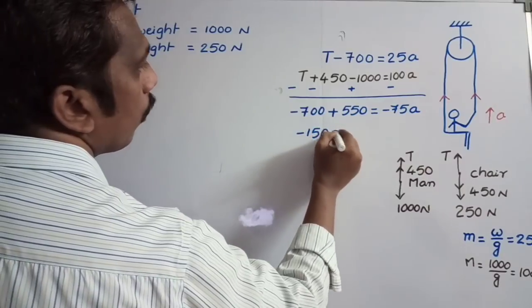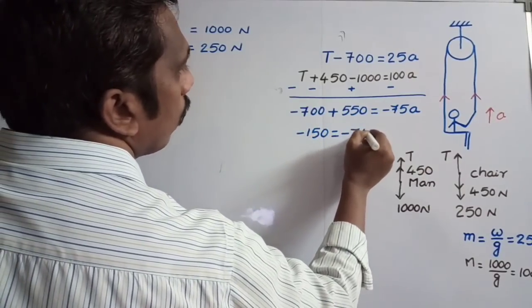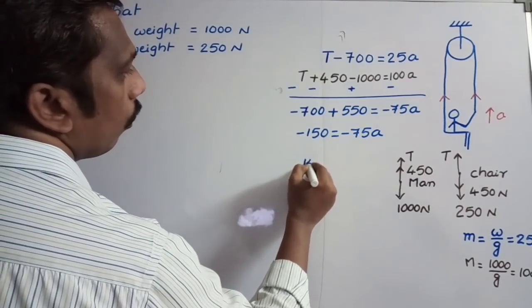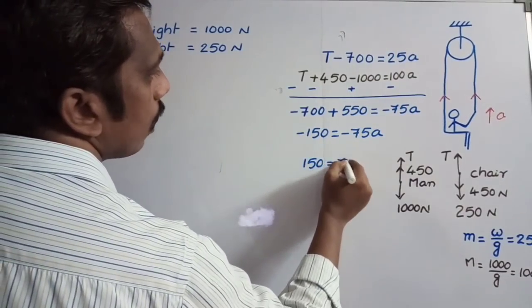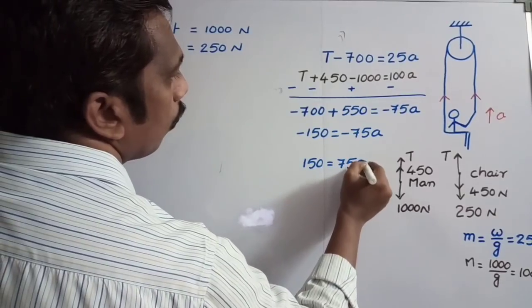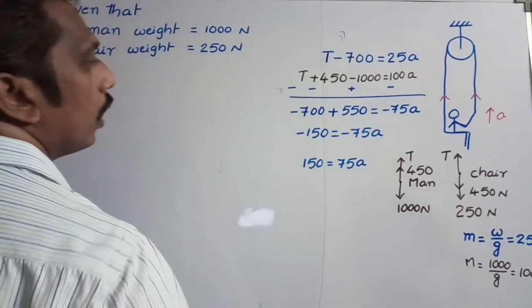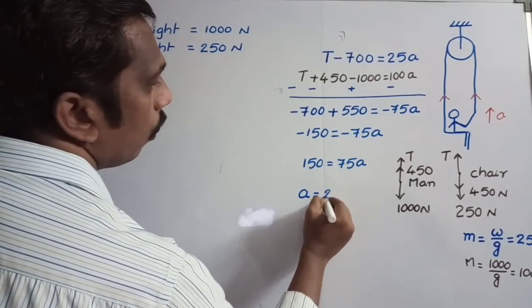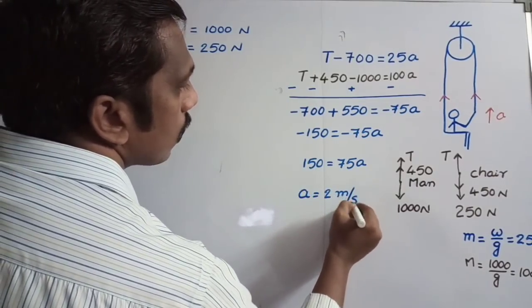Minus 150 is equal to minus 75 into A. Both minus signs cancel. 150 is equal to 75 into A. Cancelling with 75, 2 times 75 is 150. So A is equal to 2 meter per second square.